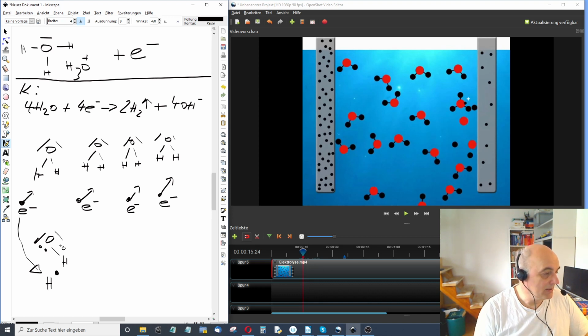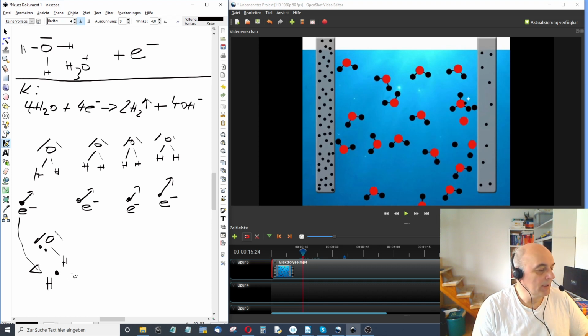I don't know how that really works, but the electron is like a torpedo that hits the water molecule, and it splits off the H as an atom again. It is an H atom. Now the oxygen has one electron too much.